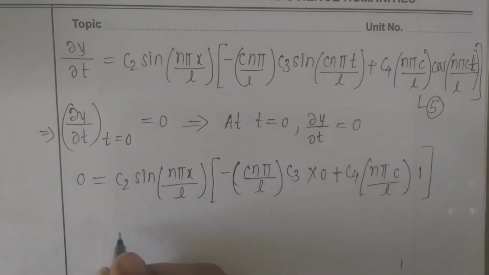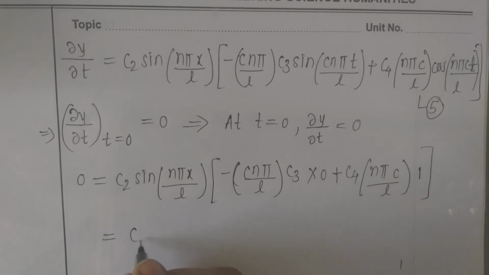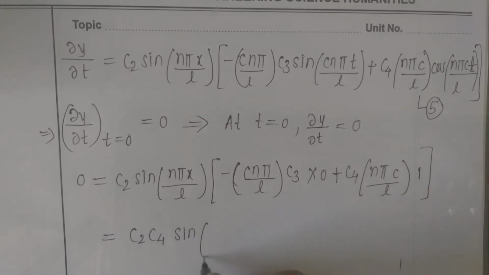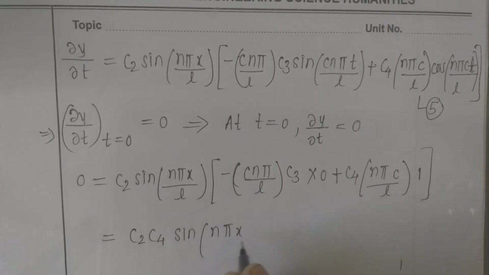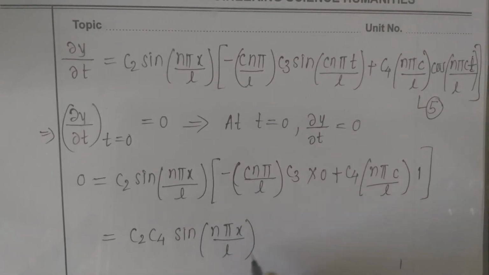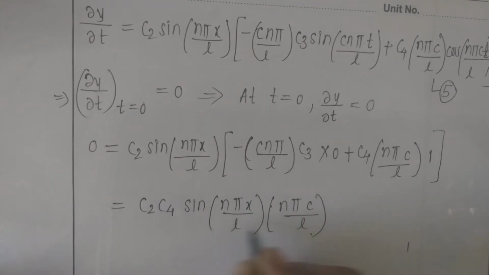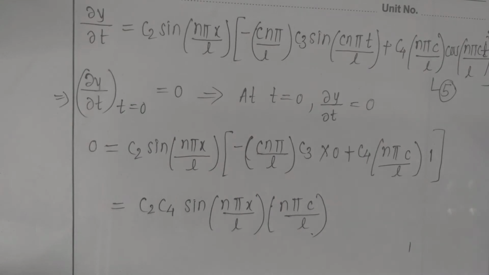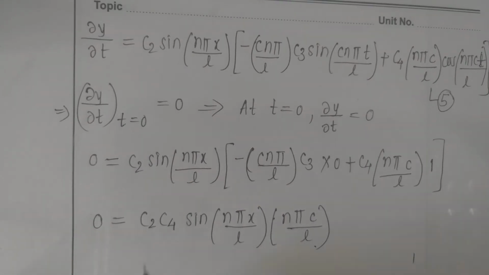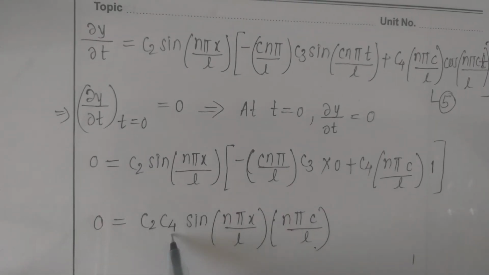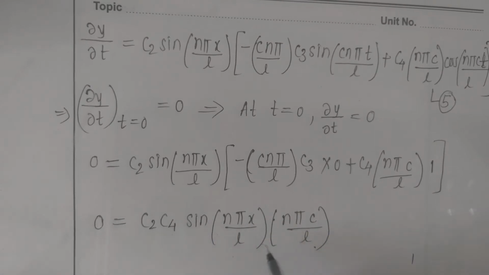So we obtained C2 multiplied by C4 multiplied by sin(nπx/L) multiplied by nπC/L. So 0 is equal to C2 into C4 into sin(nπx/L) into nπC/L.